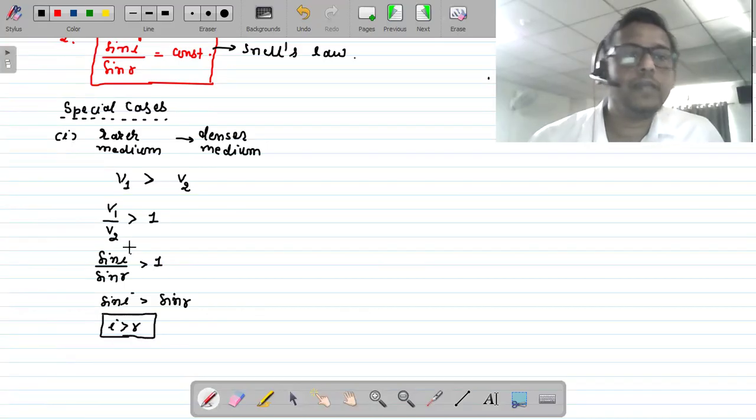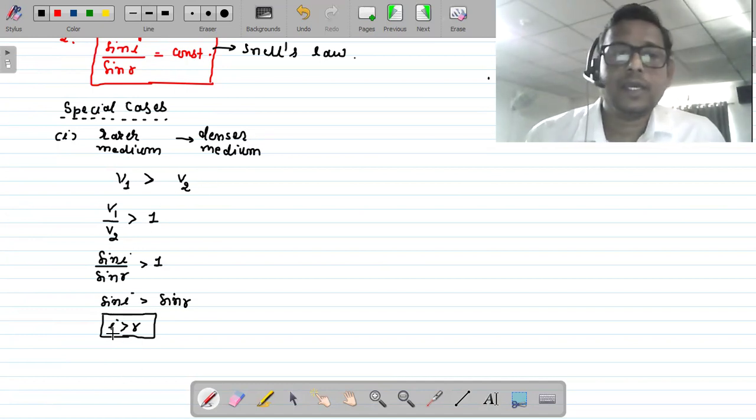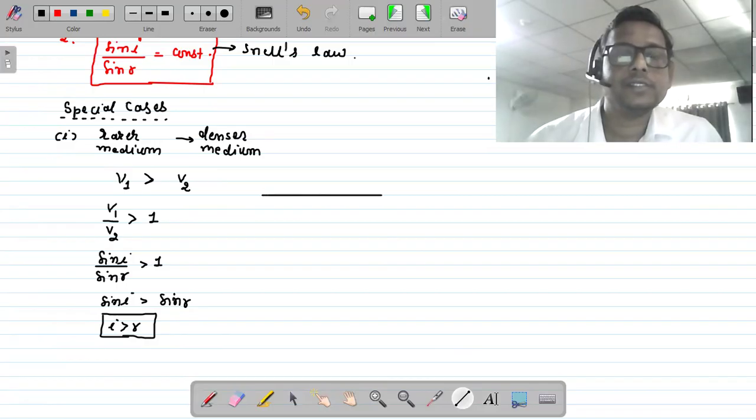So what is happening when the light ray is traveling from rarer medium to denser medium? The angle of incidence is more than the angle of refraction. If I draw a ray diagram for this case, let's say this is the interface and this is the normal, and this is my incident ray, falling on it like this.